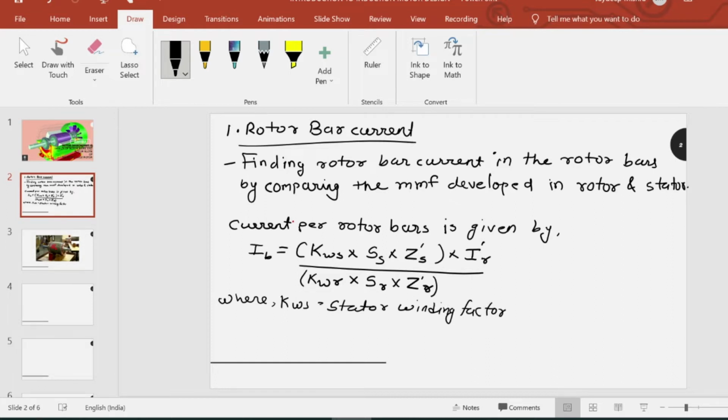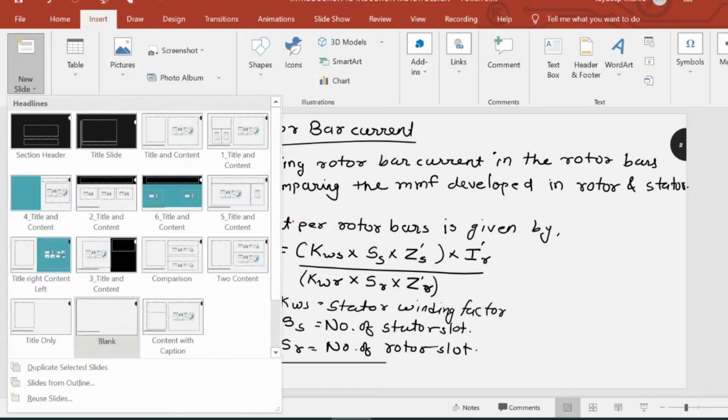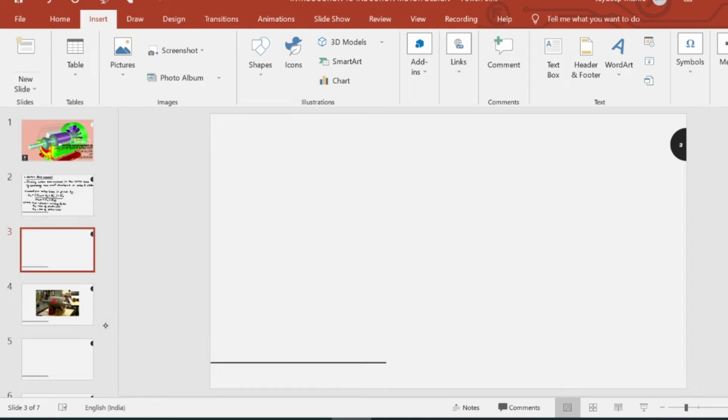SS is the number of stator slots. SR is the number of rotor slots.